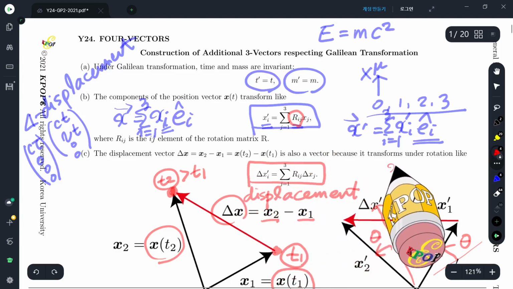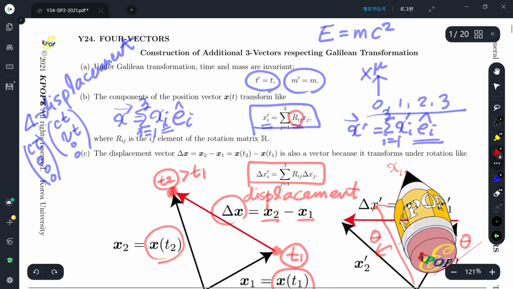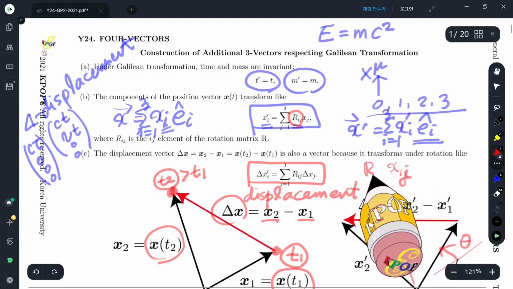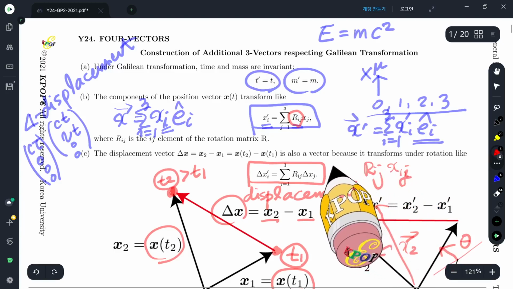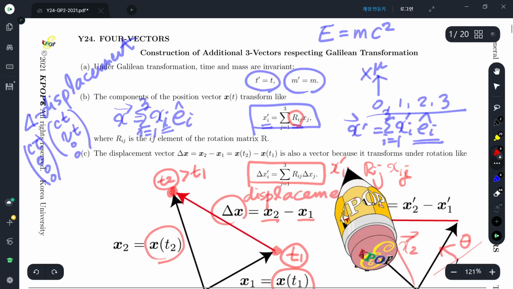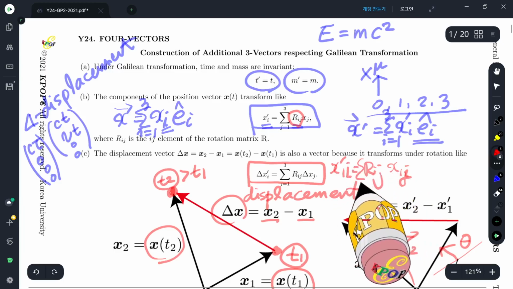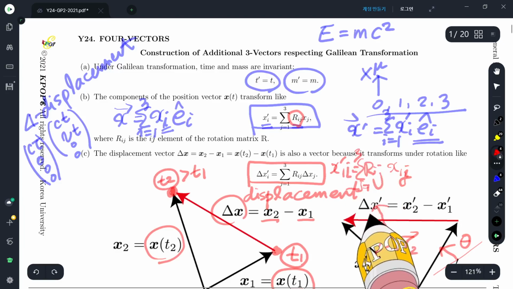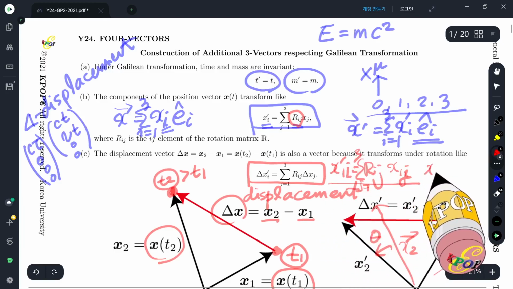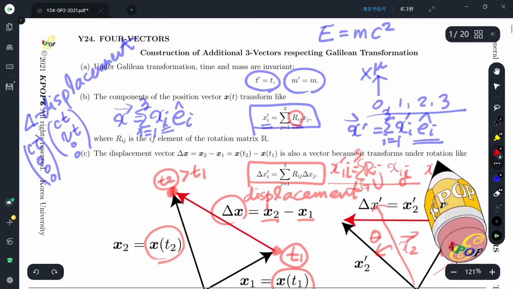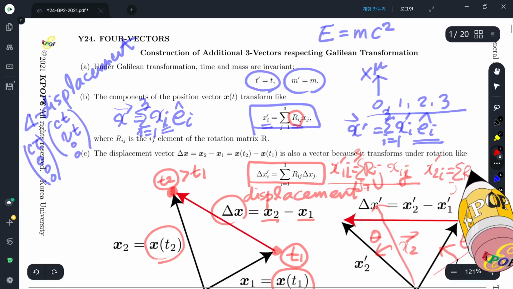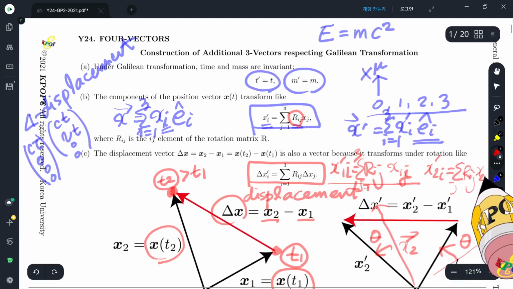I mean, x1 prime i equals the sum over j, from 1 to 3, of R_ij x1 j, something like that. And the same rule applies for the final point: x2 prime i equals the sum over j of R_ij x2 j, something like that.